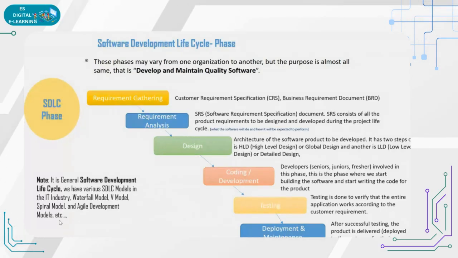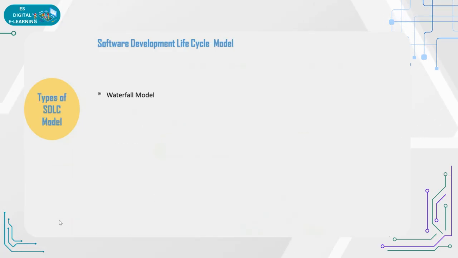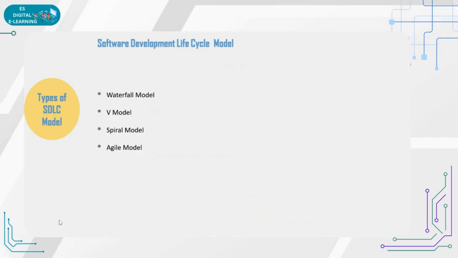There will be a standard, but they keep updating the standards, saying you should follow it like this, and if you do this you will get a better result. The first phase was the waterfall model, then the V model, spiral model, and agile model. Other models have evolved, but these are the majorly available models.